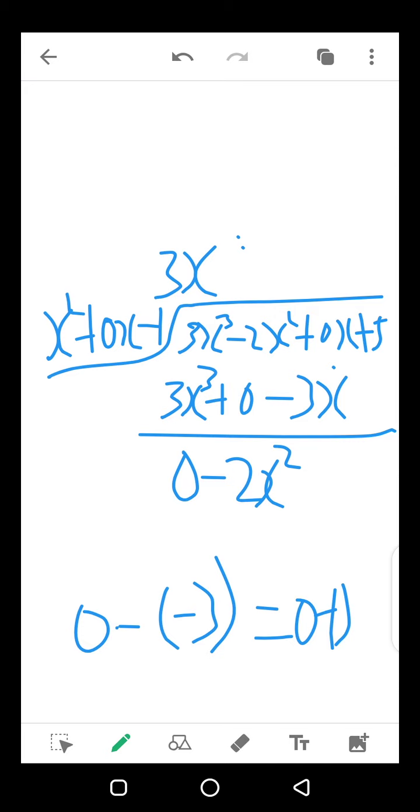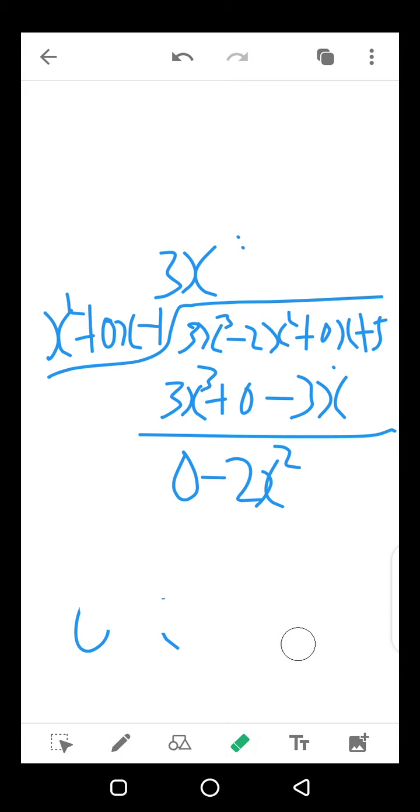So we are going to have plus 3x. Then we bring the 5, which we did not perform any operation on. We bring it down, plus 5.